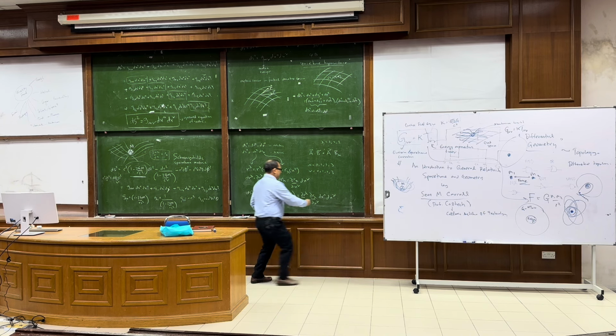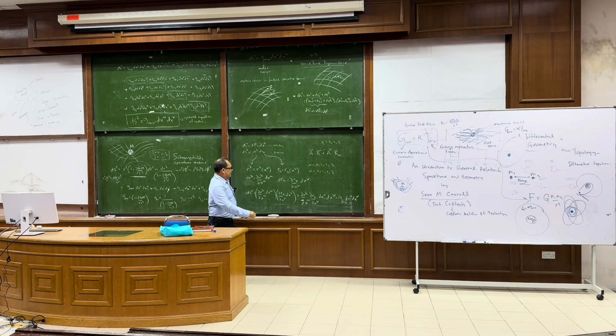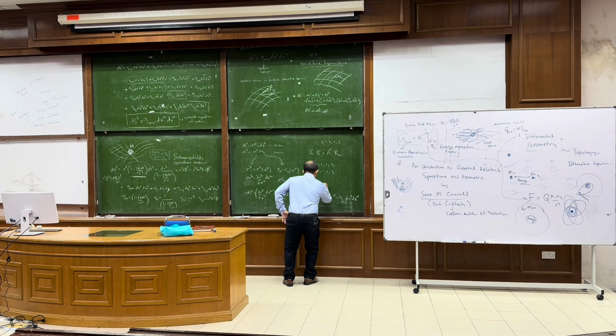So this is what equals g mu nu dx mu dx nu. So what is this? So g mu nu is it?